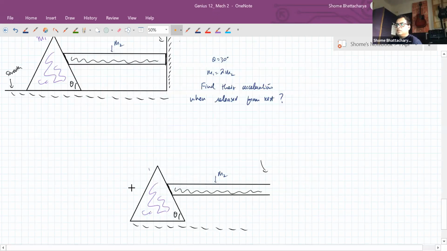So let's say at some instant, it has a horizontal velocity of v1. And the normal reaction applied by the block or by the rod on the wedge, that is along this sort of direction, the normal direction.